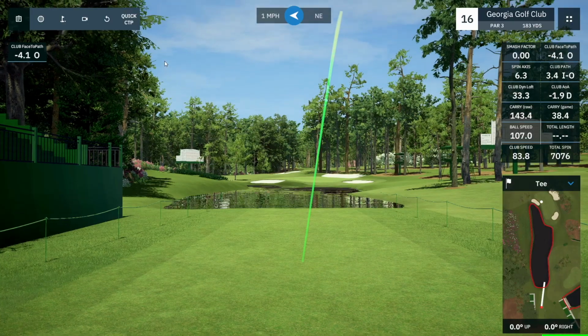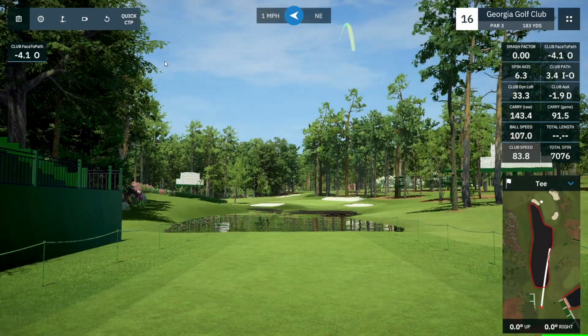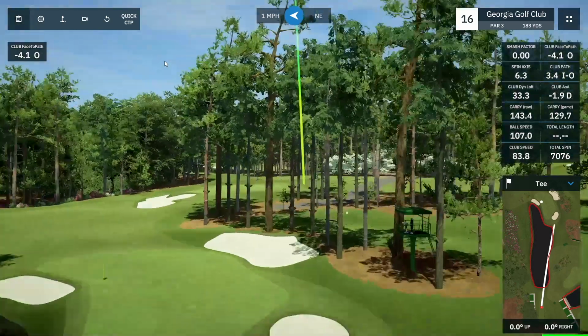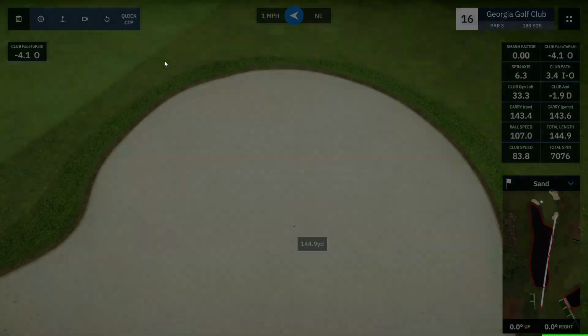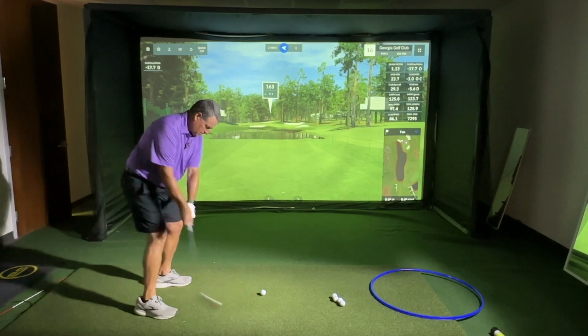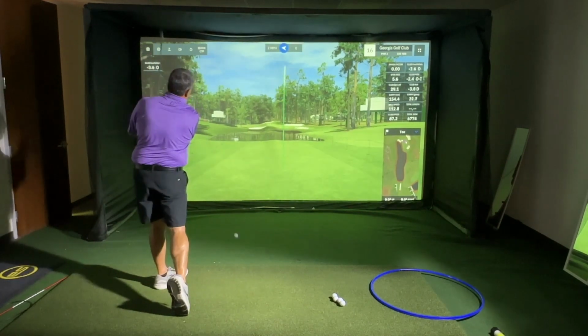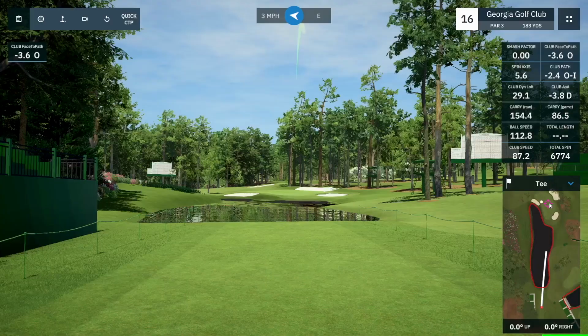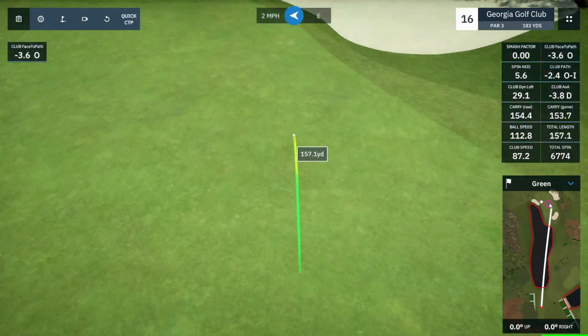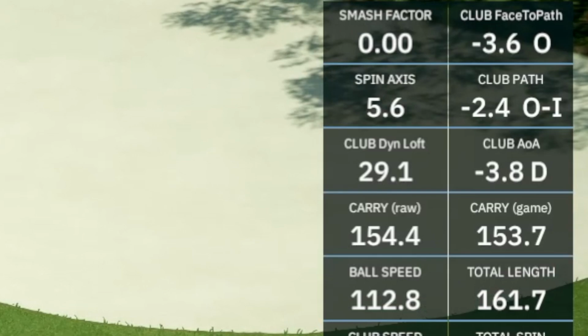That was open. That was just not a good one. Sometimes it just doesn't work. So I actually got the path going out to in on that. Face a little bit open.